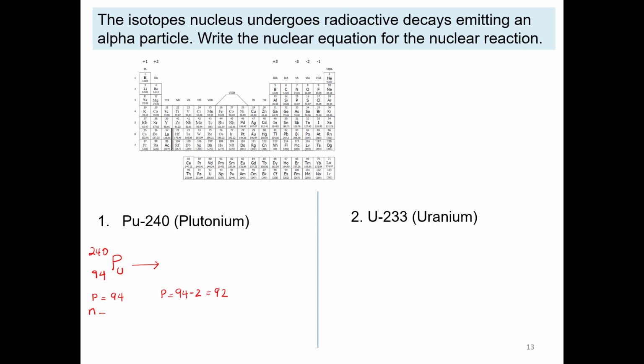Now let's see what happened with the neutrons. First, let's find the number of neutrons for plutonium, which is 240 minus 94. This corresponds to 146. Because plutonium ejects 2 neutrons, the number of neutrons in the products will be 146 minus 2, which corresponds to 144.